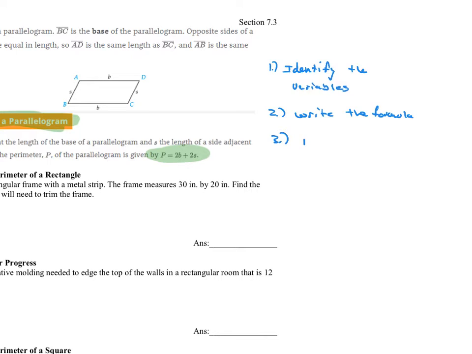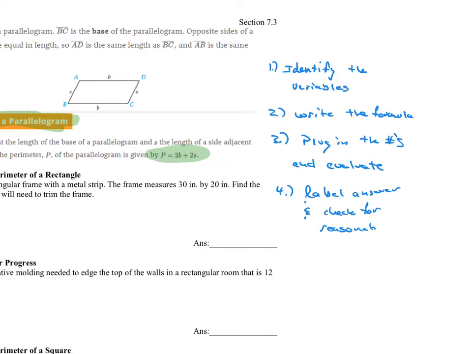Step 3 is plug in the numbers and evaluate. Step 4 would be label answer and check for reasonableness. Reasonableness, okay? So those are our 4 steps.